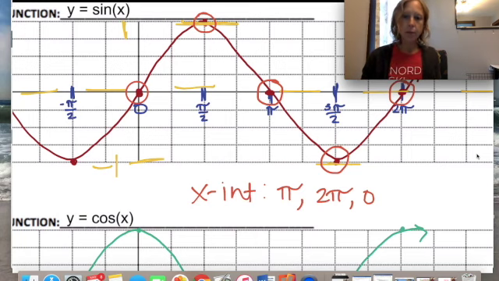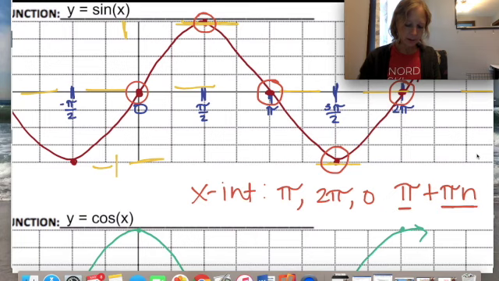So the way that we typically write that is we take our first one, usually not one on the y-axis, and we say that your x-intercepts are every pi plus pi n, because this is the distance between them and this is the very first one. I could put a 0 there as well.